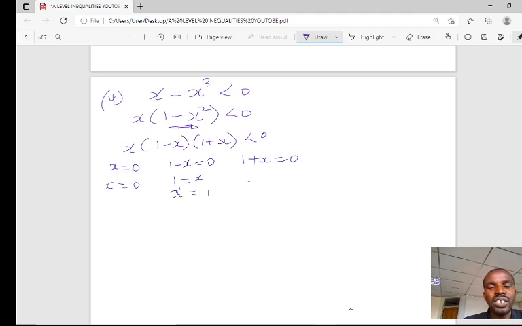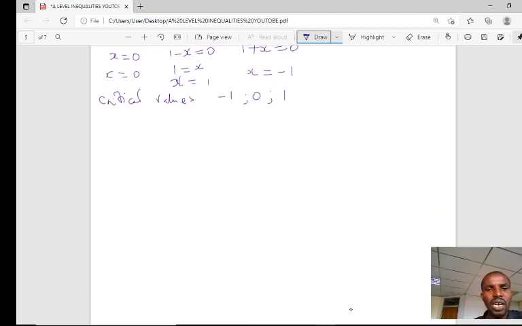On this one, you can just say right away x is equal to minus 1. Then you write the critical values. Right, so the critical values, we start with the smallest one. It's minus 1, then 0, and 1.